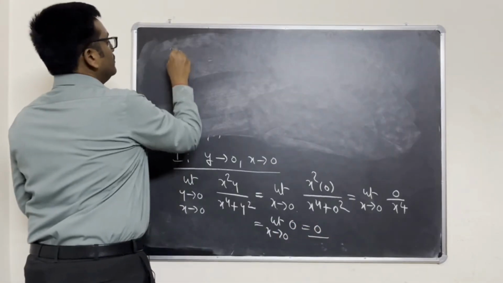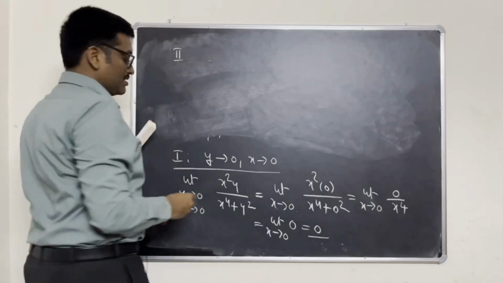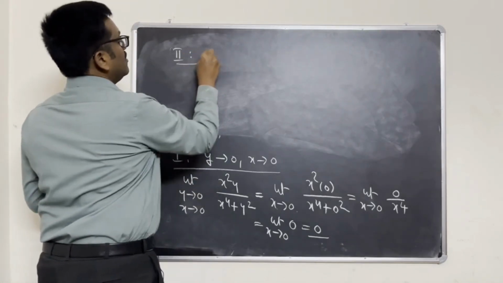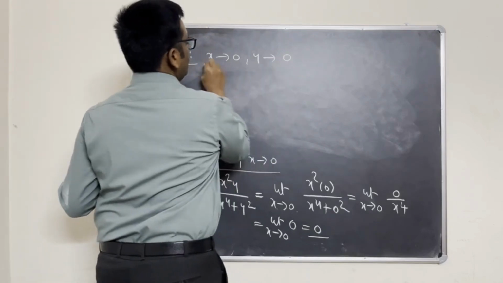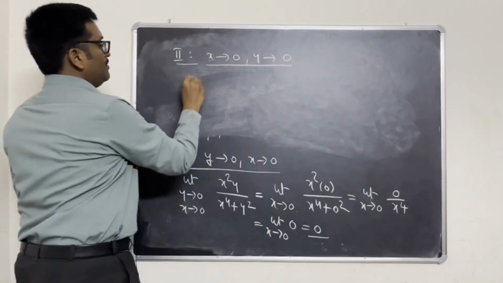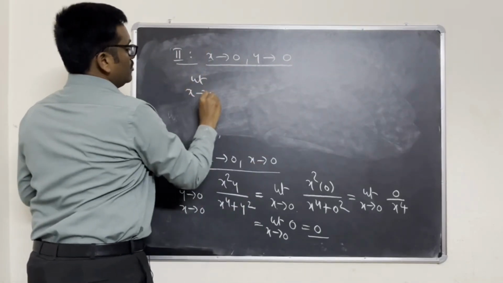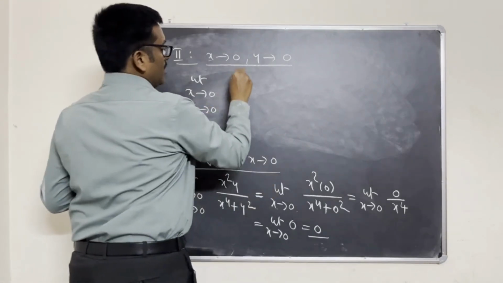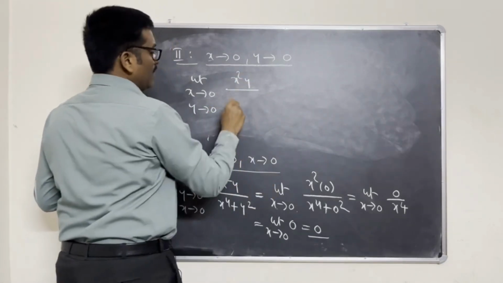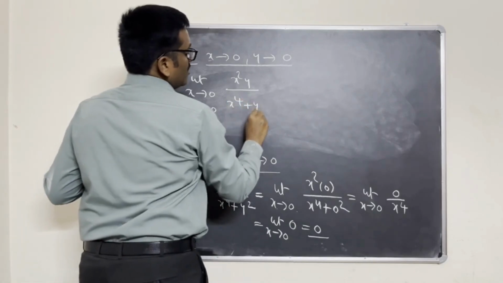Along path 2, to find the limit, first we consider x tends to 0, next we consider y tends to 0. Limit x tends to 0, y tends to 0, x square y by x power 4 plus y square.